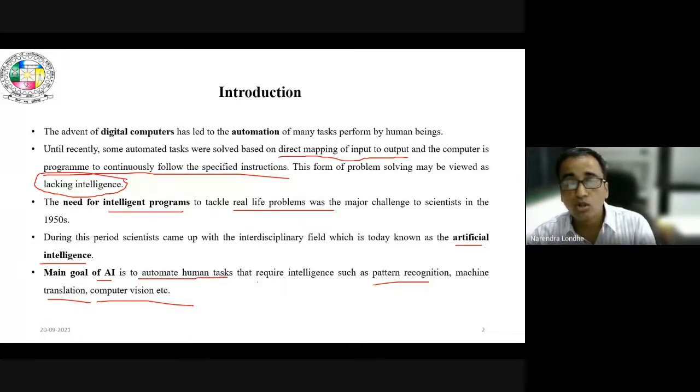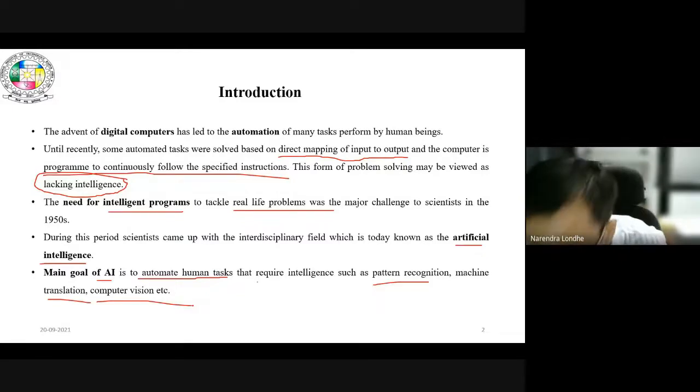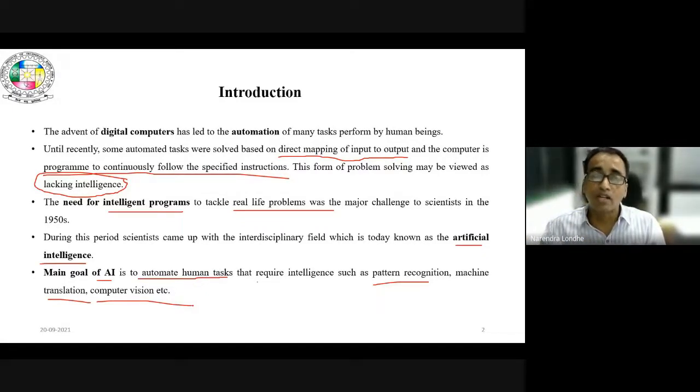That sort of task requires intelligence. Humans cannot continuously monitor and recognize all those patterns manually. There is a requirement for automated methods, and artificial intelligence is nothing but mimicking human intelligence by computers. That is what was developed in the 1950s.